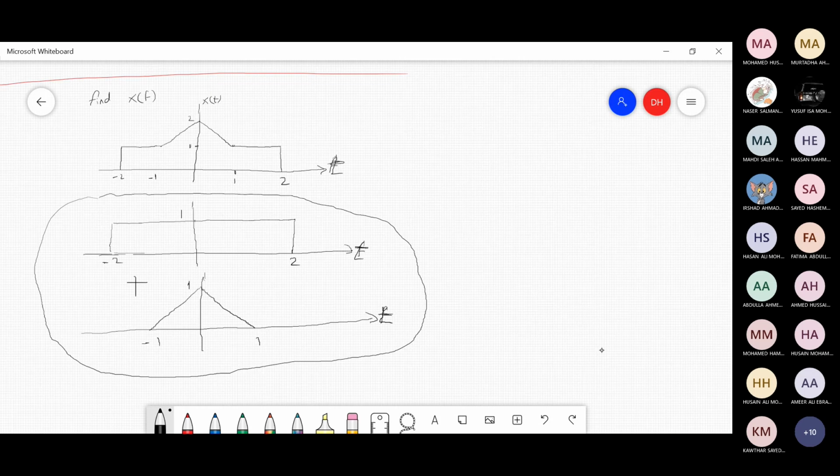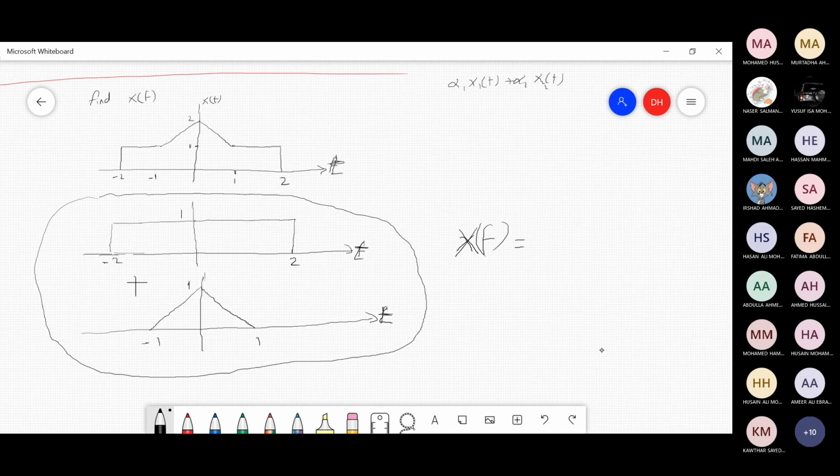So x of f equals the Fourier transform of this one plus the Fourier transform of this one. This is a rule: use linearity. Since it is linear, I can do this. I can use alpha 1 x1 of t plus alpha 2 x2 of t.